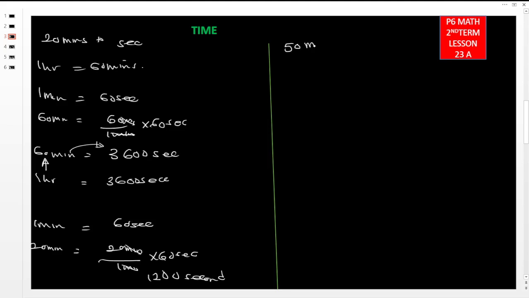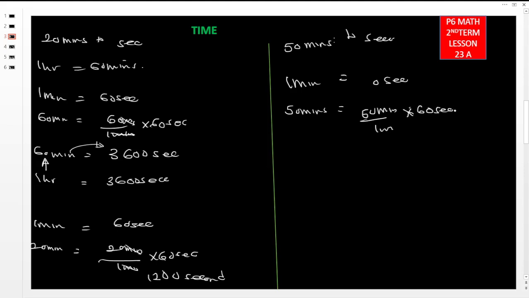Then how about 50 minutes to seconds here? So 1 minute is giving us 60 seconds, right? Then how about the 50 minutes here? So we are going to get 50 minutes out of 1 minute, then times the 60 seconds.